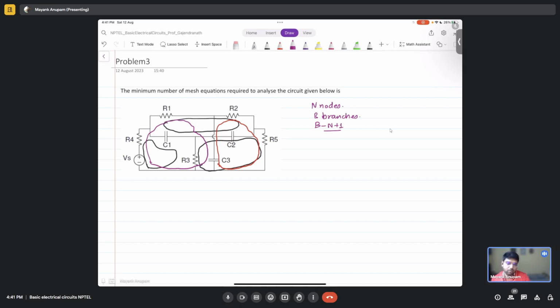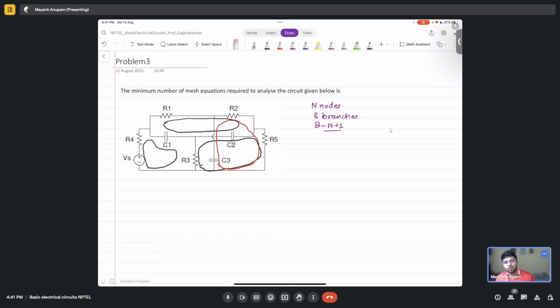In this case, there are only four. And why is that? The reasoning that one guy gave is that while forming the meshes, you just have to ensure that you go through all the elements.